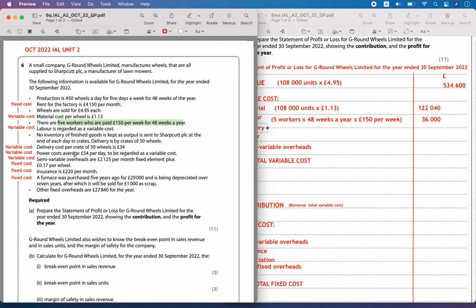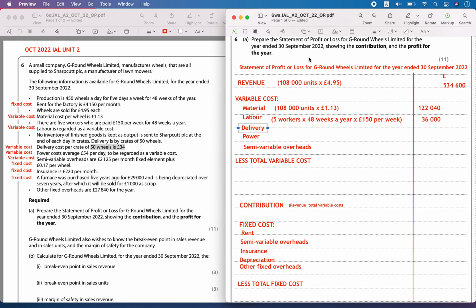Then you have the delivery. It says delivery cost per crate of 50 wheels is 34 pounds. So we know the production quantity is 108,000 units.